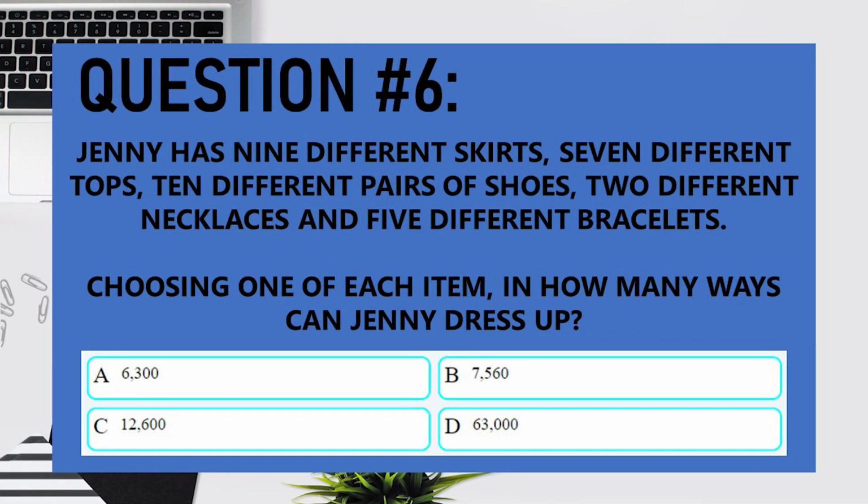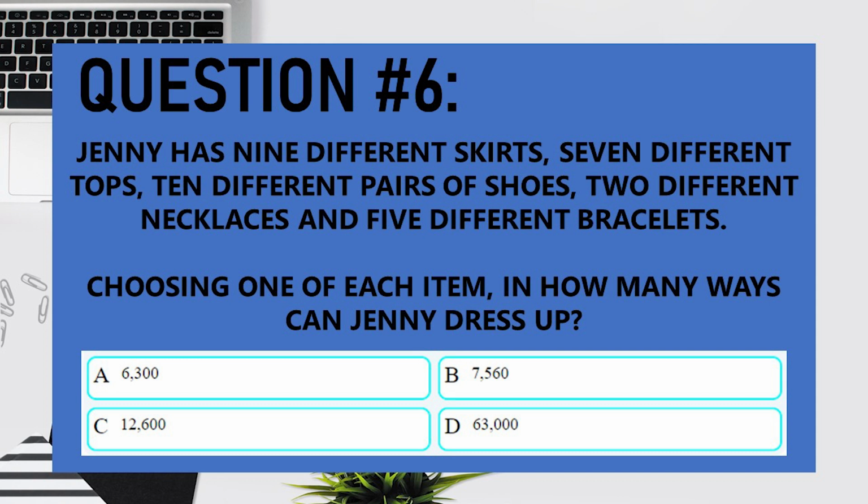Question number 6. Jenny has 9 different skirts, 7 different tops, 10 different pairs of shoes, 2 different necklaces, and 5 different bracelets. Choosing one of each item, in how many ways can Jenny dress up? Letter A, 6,300. Letter B, 7,560. Letter C, 12,600.